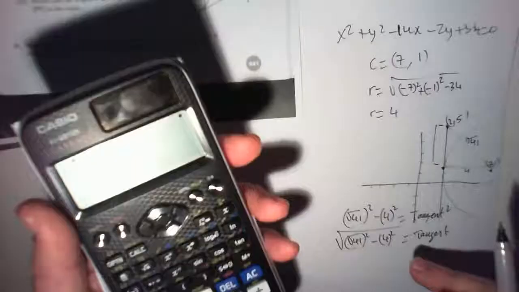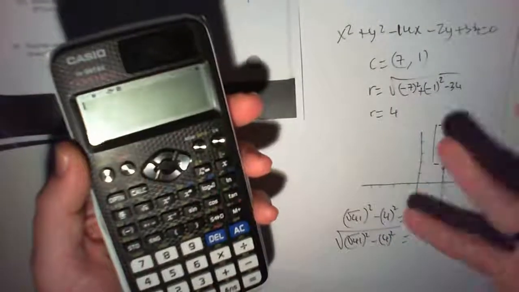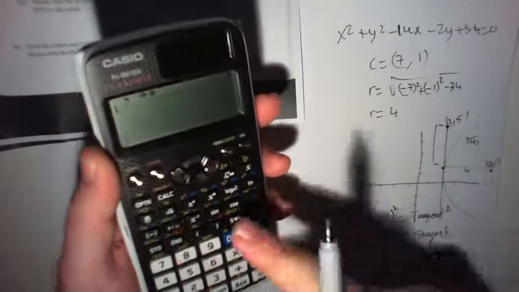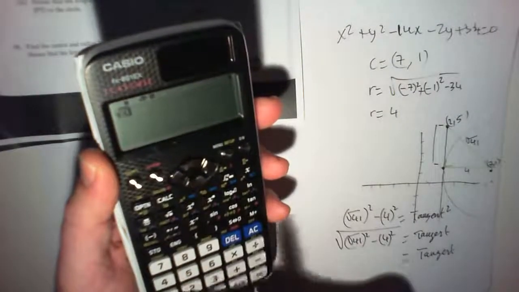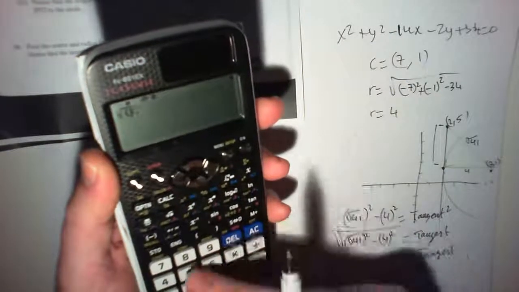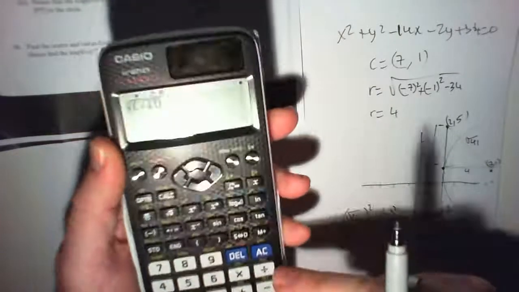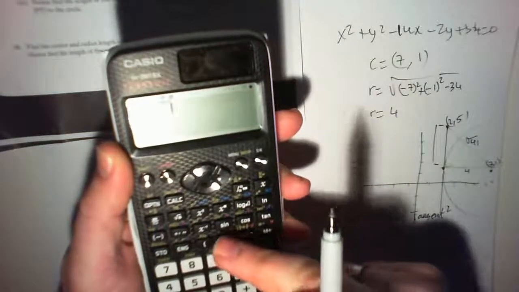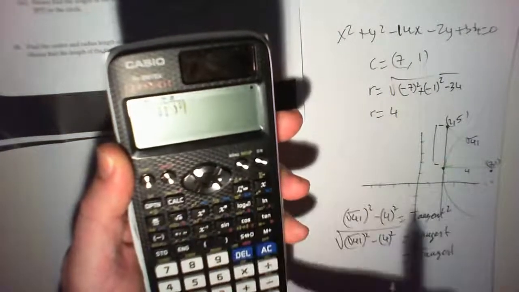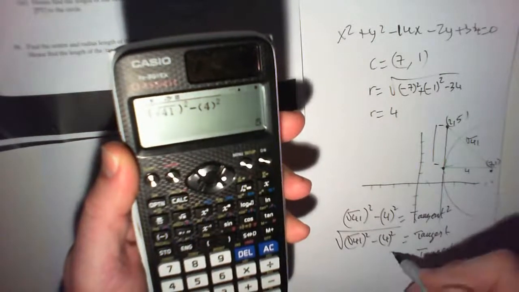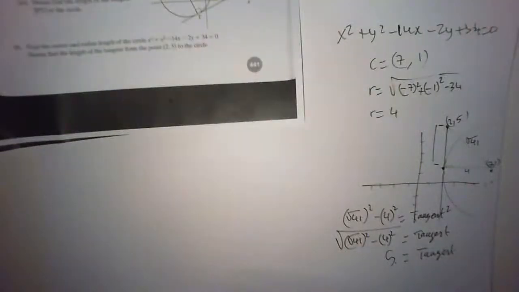Oh, please be this. Yeah, it is. I can see it straight away. It's 25, which is 5. So the tangent has a length of, I'll just double check it, the square root of 41 squared minus 4 squared. 5. Boom. Now, is that epic or what? Okay. There you go, lads, and hope you enjoy.